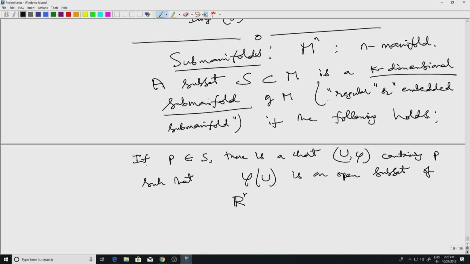This k is that same k-dimensional submanifold. Phi of U is an open subset of Rk contained in Rn.